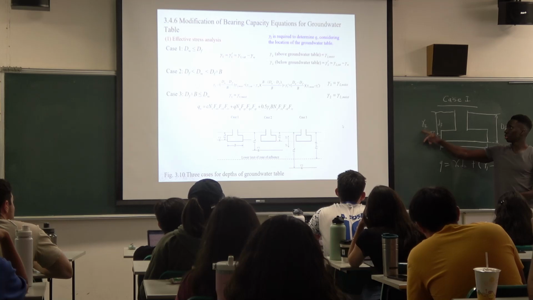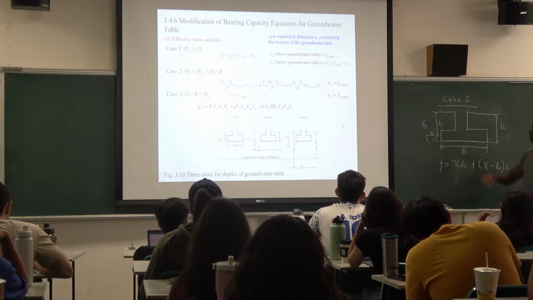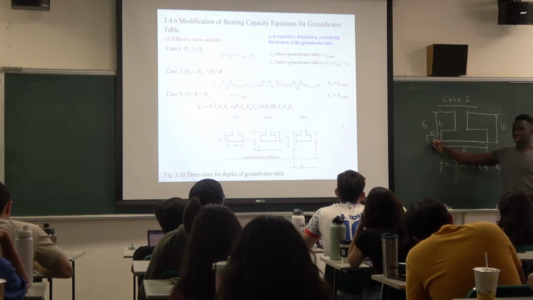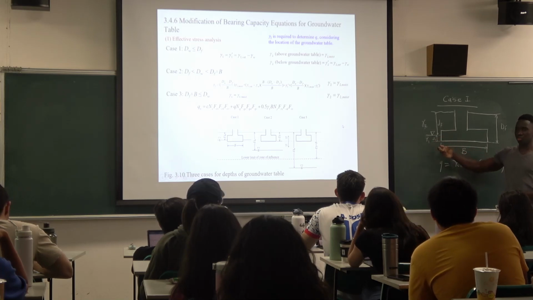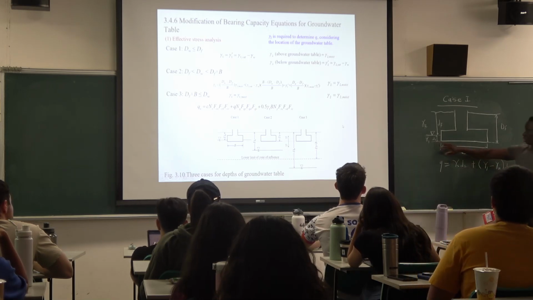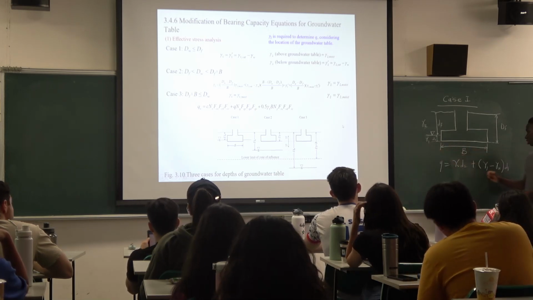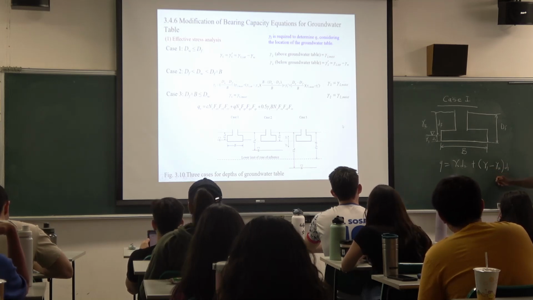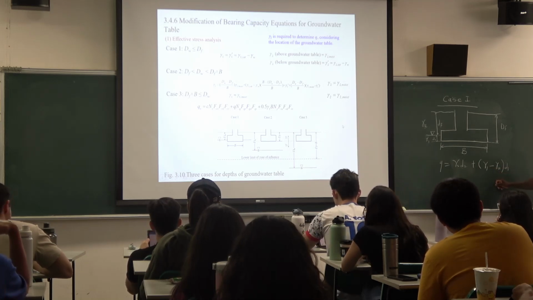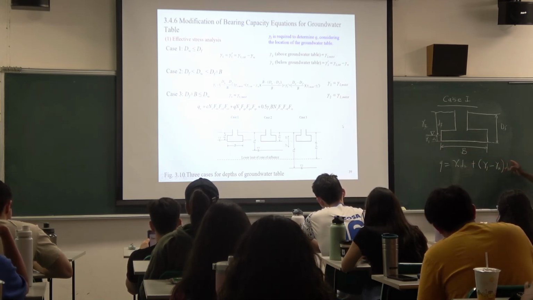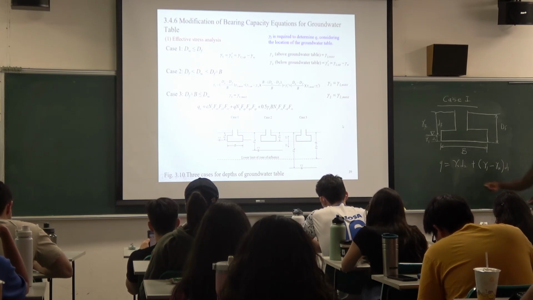This gamma is multiplied by this D2. What is D2? It's just Df minus D water. That's the depth of the water level, which is from here to here. And then you multiply this gamma. Or for this one you subtract the gamma water. Why? Because it has to be the effective stress analysis, so you subtract the water. And then you multiply by D1. So that's how you get this one.